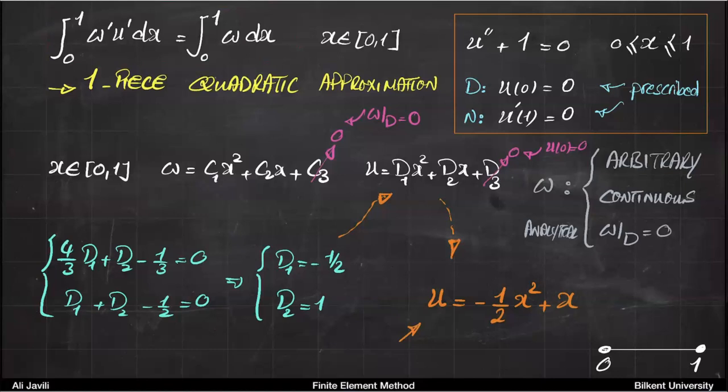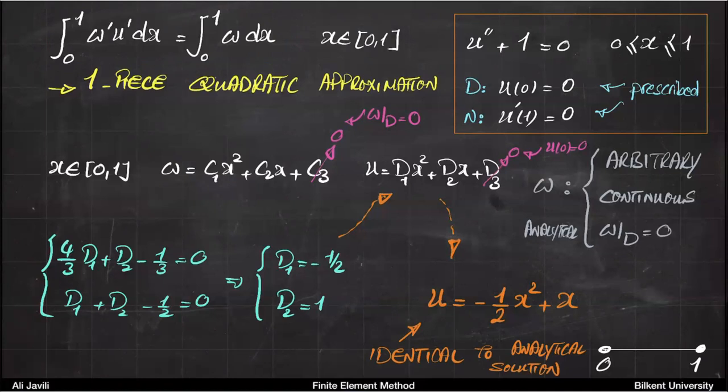Okay, so this is identical to the analytical solution. But make no mistake, this is still the approximate solution, because we got this from the weak form.